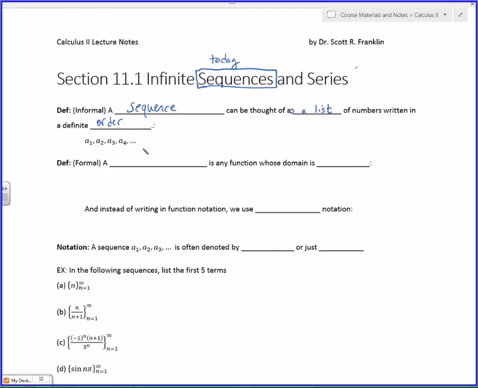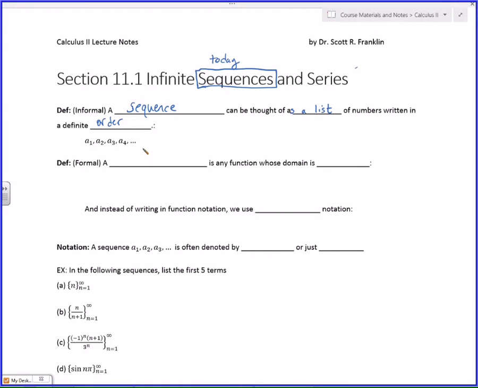By the way, for the next 2 or 3 sections, we're really leaving behind things like derivatives and integrals. Where this is still calculus is the fact that we're talking about going to infinity, which revolves around limits. We need to have limits to do this, and anything that involves limits is calculus.